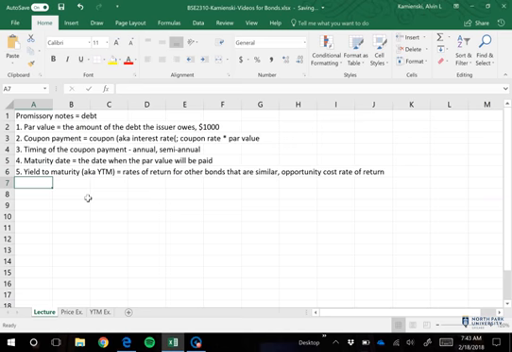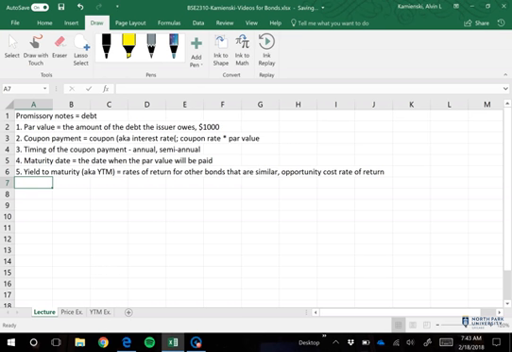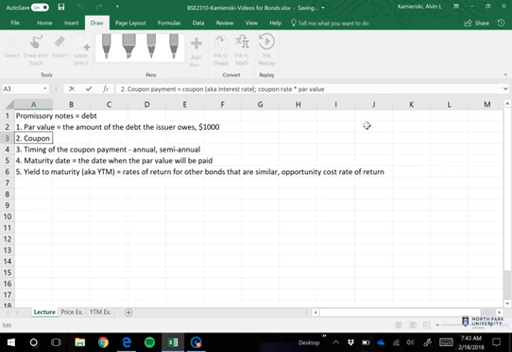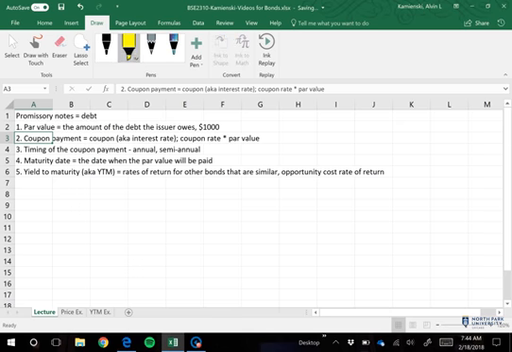Now, oftentimes what people end up struggling with when it comes to bonds in the beginning is the fact that there are really two different rates involved. The first rate that we identified, for example, was the coupon rate. But I would like to highlight the fact that this coupon rate is only used to determine the coupon payment.